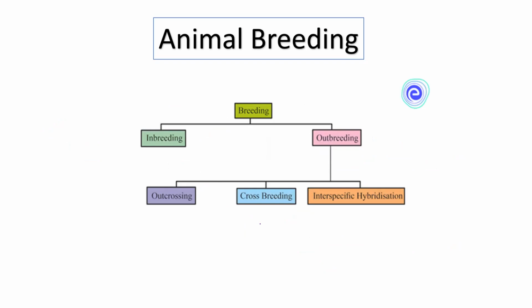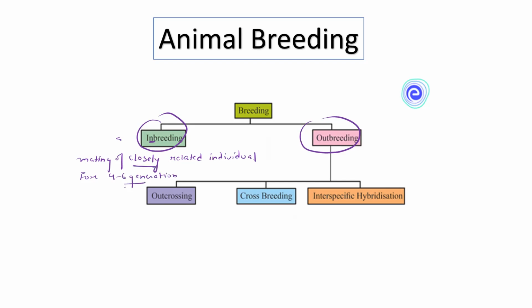Next is the types of breeding. Breeding can be of two types: inbreeding and outbreeding. Inbreeding means the mating of closely related individuals for 4 to 6 generations.